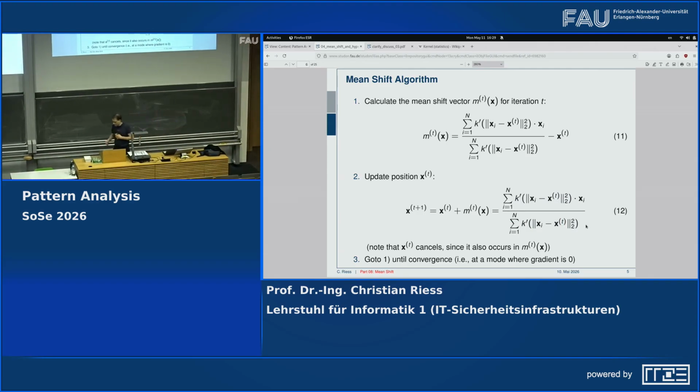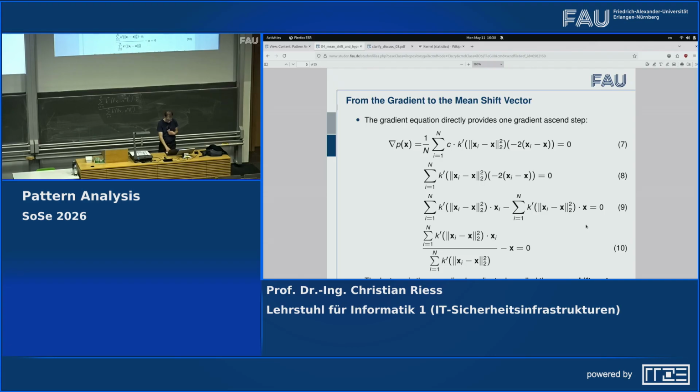And now the question is, what happens with the Epanechnikov kernel here? Okay, this is the derivation.